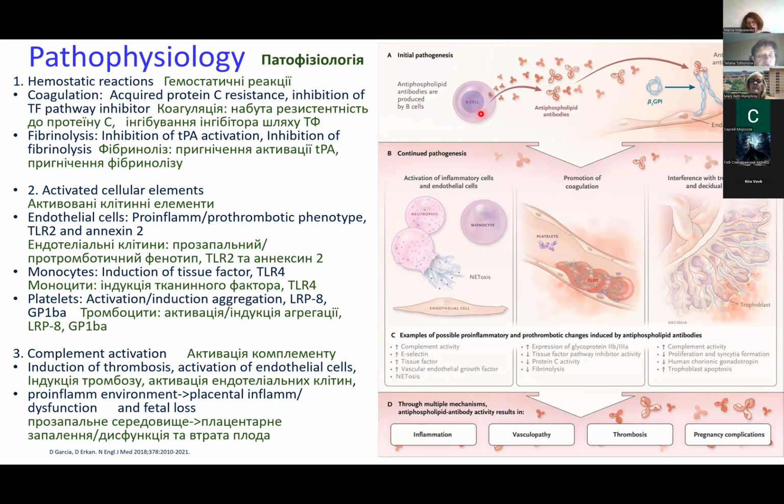Let's say that you have a B cell that's making antiphospholipid antibodies. And in this particular case, it's a beta-2 glycoprotein antibody. So the beta-2 glycoprotein can be on endothelial cells. It can be on the lining of the blood vessel. And then the autoantibody can come and recognize it.